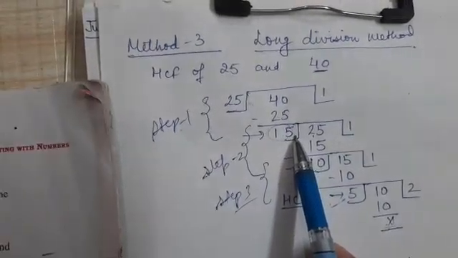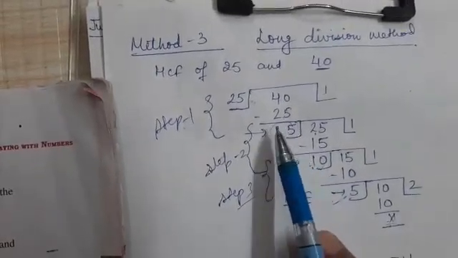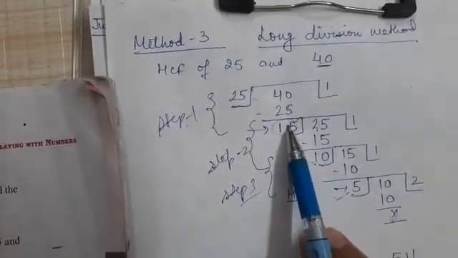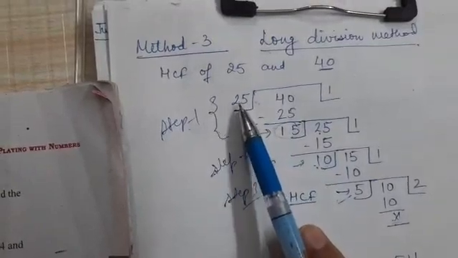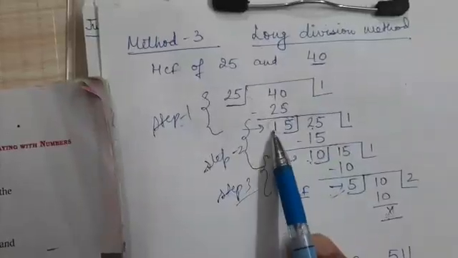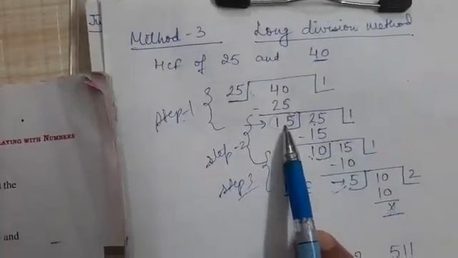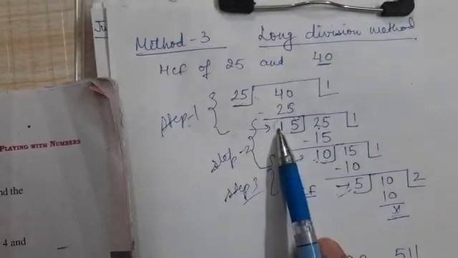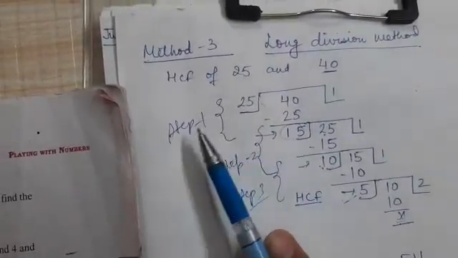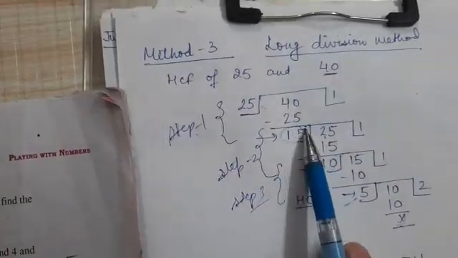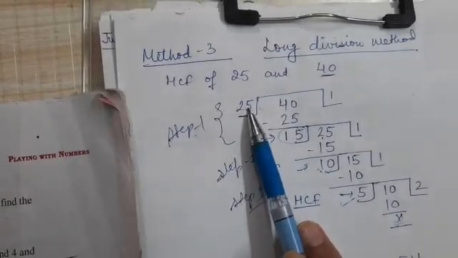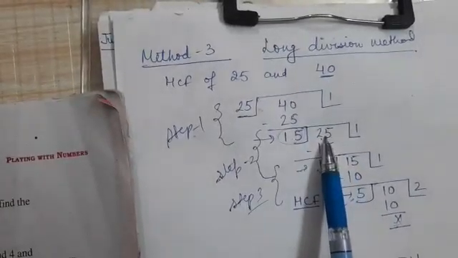Now in step 2, you have to check whether the remainder is 0 or not. If the remainder is 0, then this divisor, that means the smaller number, will be our HCF. But if the remainder is not 0, you have to make the remainder of step 1 the divisor for step 2 and the divisor of step 1 the dividend for step 2.